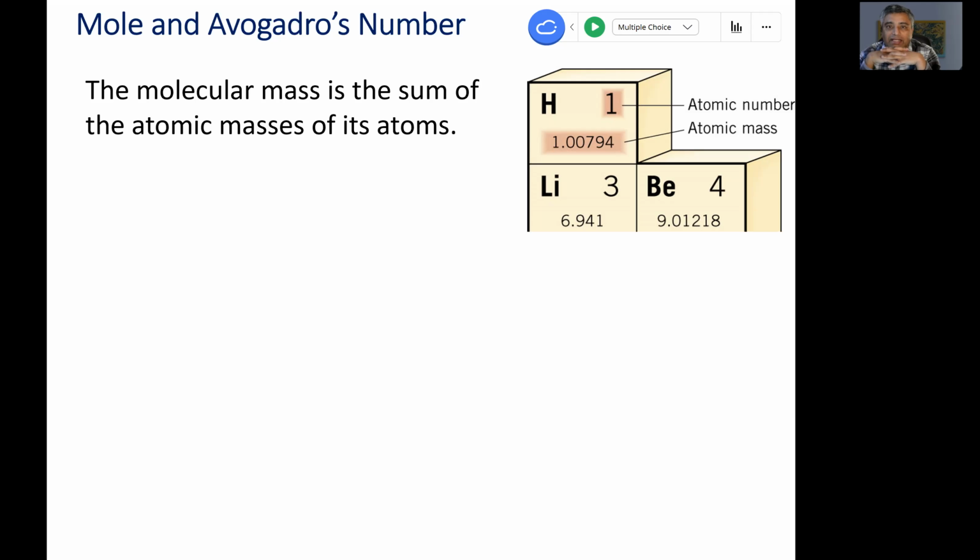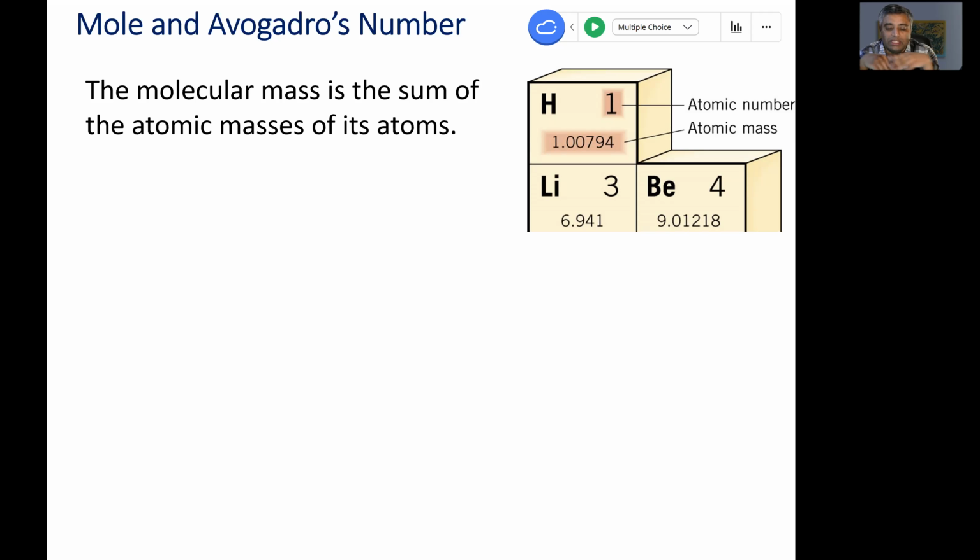That description is called a mole. So a mole is the amount of substance. It's kind of like a mass. So how much substance there is, that is kind of a mole.